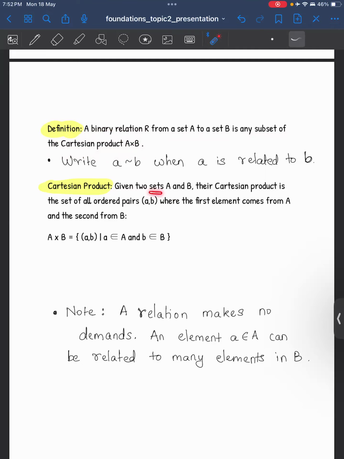Given two sets A and B, their Cartesian product is the set of all ordered pairs (a, b), where the first element comes from A and the second from B. That is what is meant by an ordered pair. I just want to emphasize that this is set builder notation.